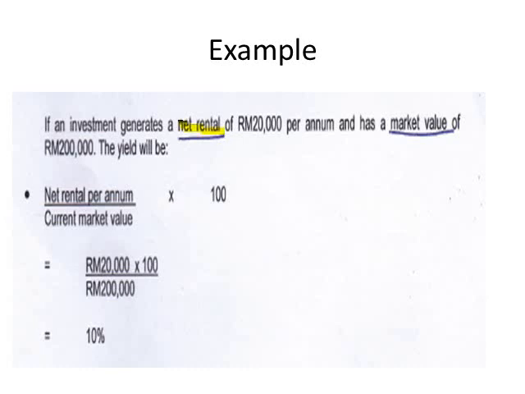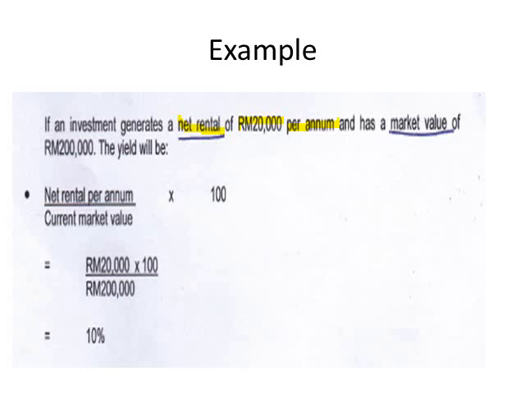Here you can see the net rental is 20,000 per annum. If the question gives you the rental on a per annum basis, you no need to times by 12 months anymore because it is already yearly.